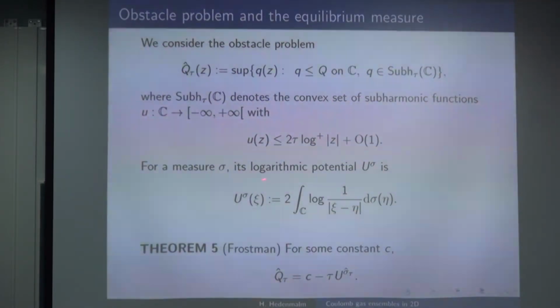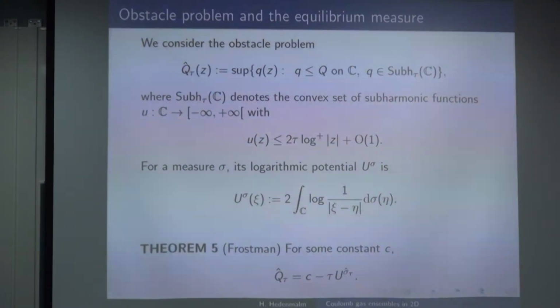And then, all right, we need also the corresponding logarithmic potential associated with a measure. So q hat here is the solution to this obstacle problem. You maximize over all little q functions. So it's an obstacle problem, which means that it's associated with a free boundary and so on. This is the typical situation, free boundary.